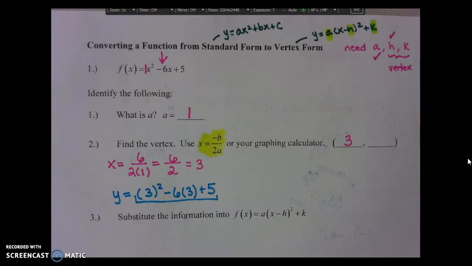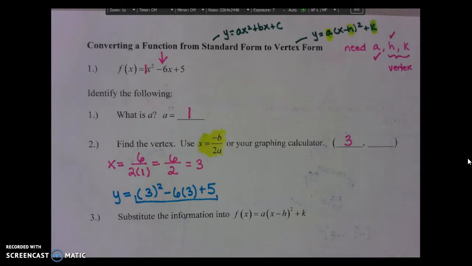So if you can substitute, your calculator can follow order of operations. And since half of us aren't touching our calculators, I'm not sure what you're finding.